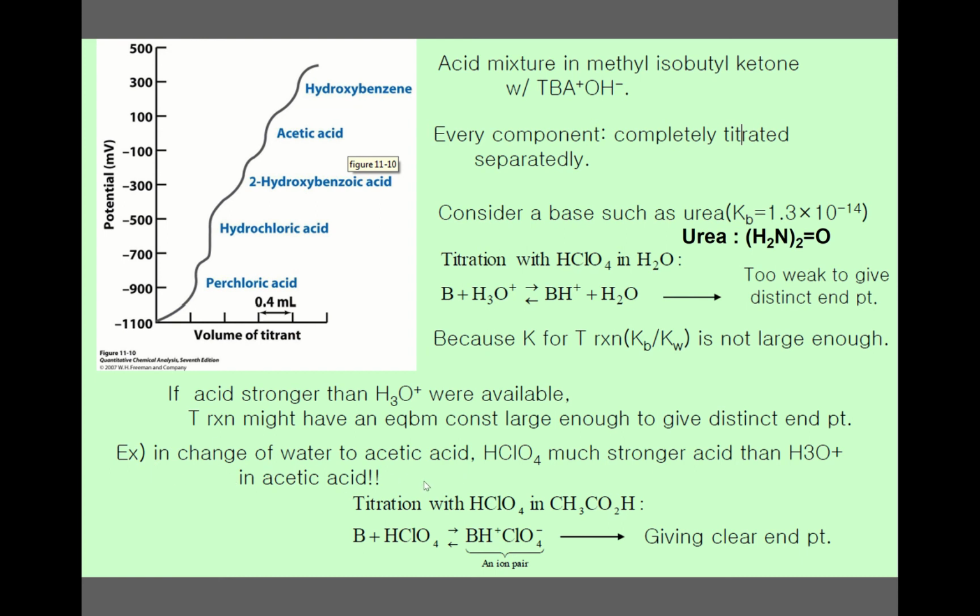By changing to acetic acid, hydrochloric acid becomes a much stronger acid than the proton in acetic acid. So in acetic acid, this base could be titrated with hydrochloric acid, so we can have a clear endpoint.